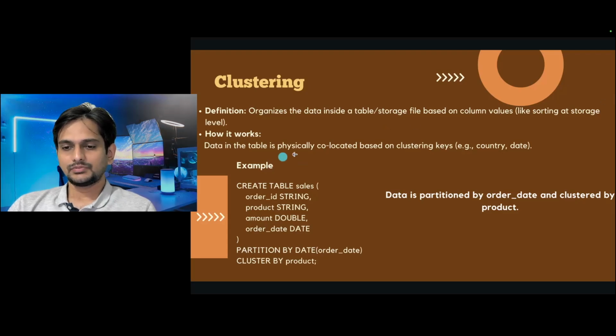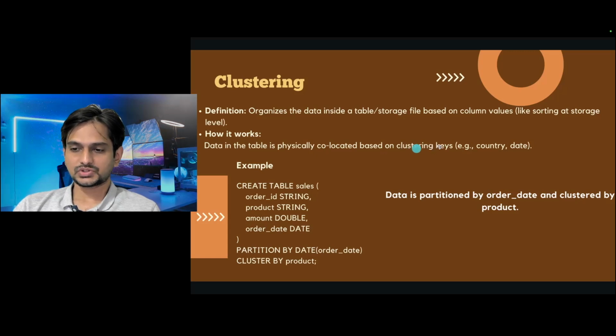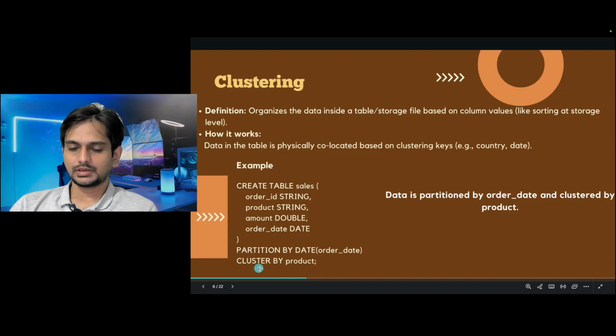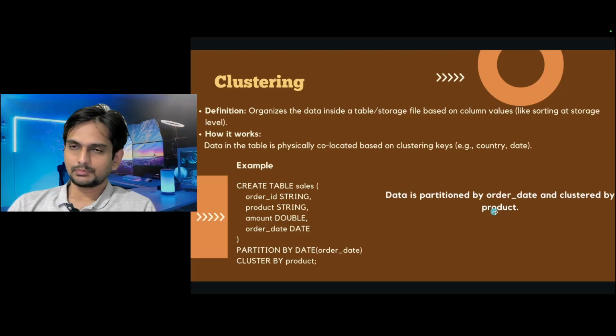Data in the table is physically correlated or co-located based on the clustering keys. It might be based on country or date. Here we are clustering by product: data is partitioned by order date and clustered by product. So if there are 10 products, for example, it will create 10 different locations, and data related to one product is stored co-located based on the clustering key.